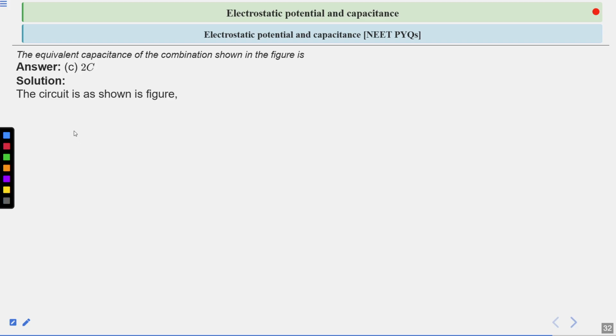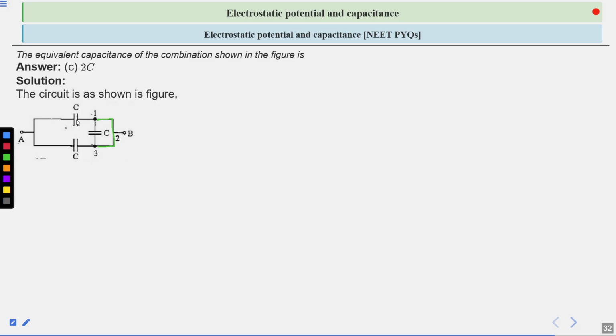The circuit is as shown in the figure. You can see that this capacitor is connected between these two points, 1 and 3. This is a simple wire of the circuit. We know that a capacitor blocks the current, so we will not consider current here.